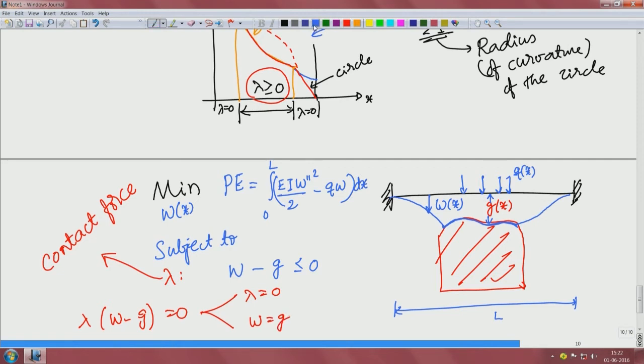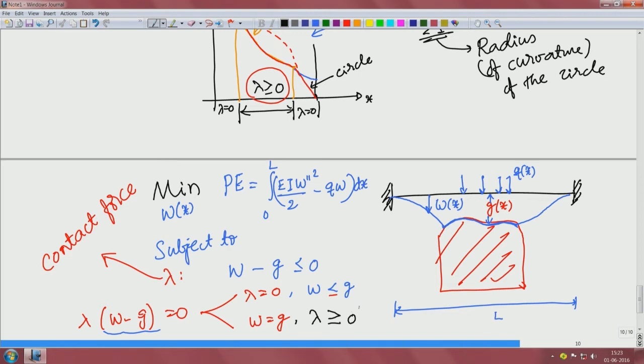When lambda equal to 0, then W is less than G strictly, because this need not be 0 when lambda equal to 0. It can also be 0 in some special cases which you do not need to worry about right now. When W equal to G, this is already satisfied, then lambda is greater than or equal to 0.